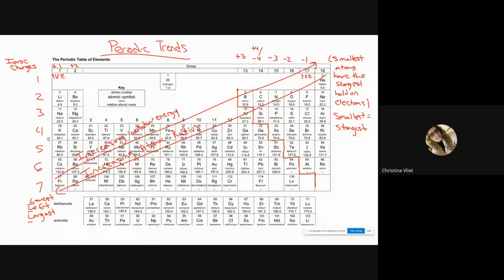So the trend for increasing ionization energy is exactly the opposite of atomic radius. The smaller the atom is, the more strongly the nucleus will hold on to its electrons because they're right next to the nucleus. Whereas if the electrons are very, very far away, it's very hard to hold on.